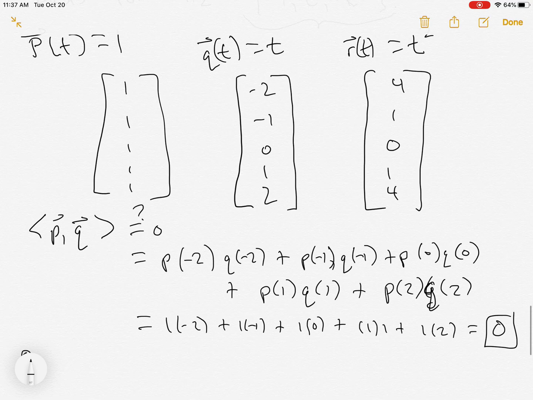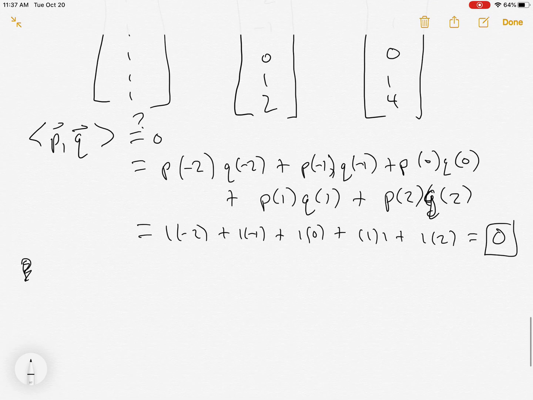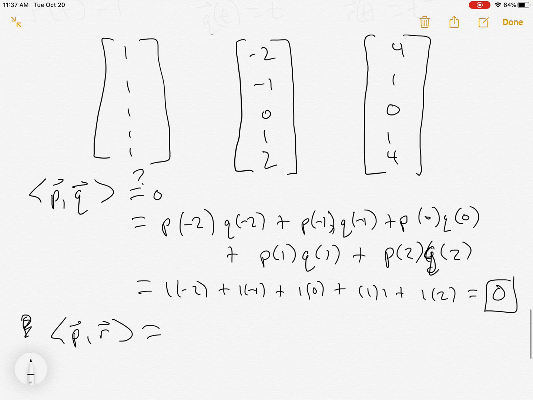Let's check, is P perpendicular to R, or orthogonal? So P inner product R is 4 plus 1 plus 0 plus 1 plus 4, and that equals 10.